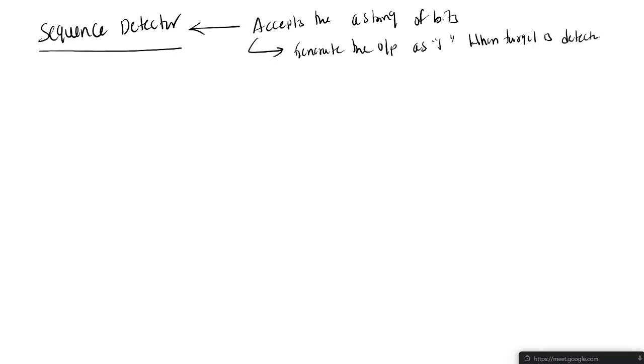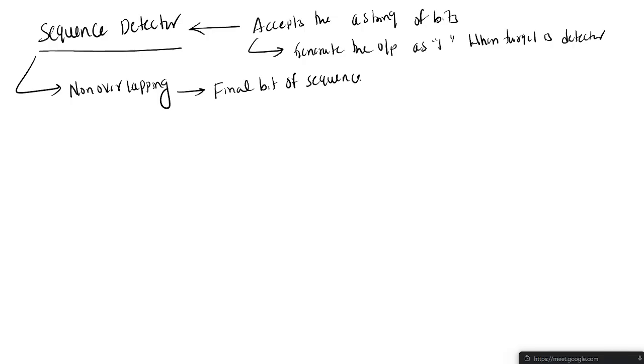Here there are two types. One is non-overlapping, another one is overlapping. Non-overlapping means the final bit of the sequence cannot be the first bit of the next sequence.